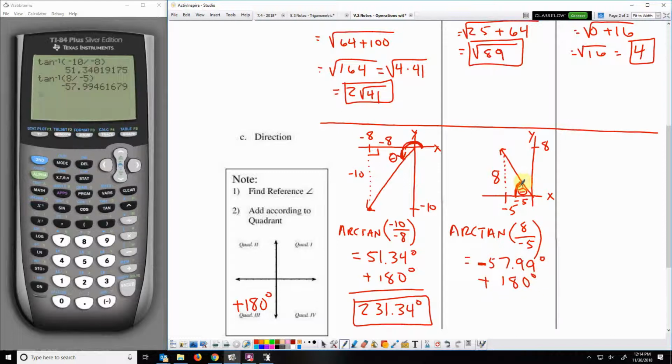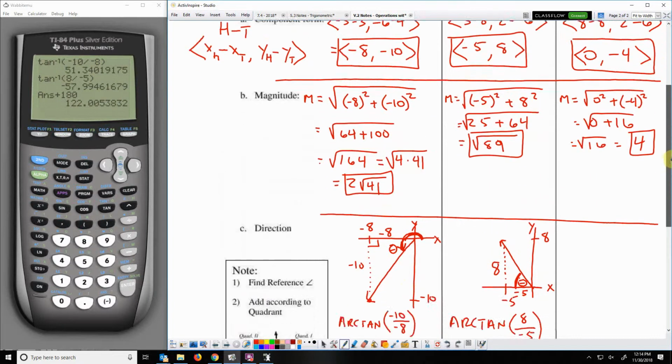Anytime I'm in the second quadrant, I'm going to get a negative here, and I just need to add 180. So -57.99 plus 180 is 122.01. So the direction is 122.01 degrees. So when I'm in quadrant 2, I'm going to get a negative number, and once again, I have to add 180 degrees.